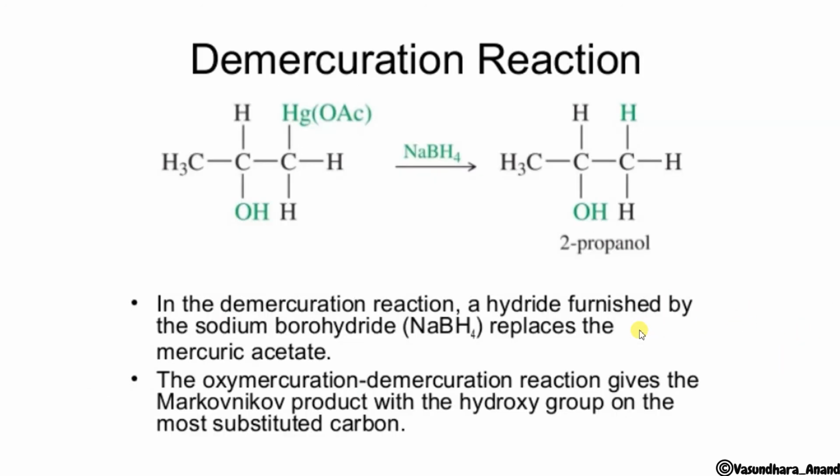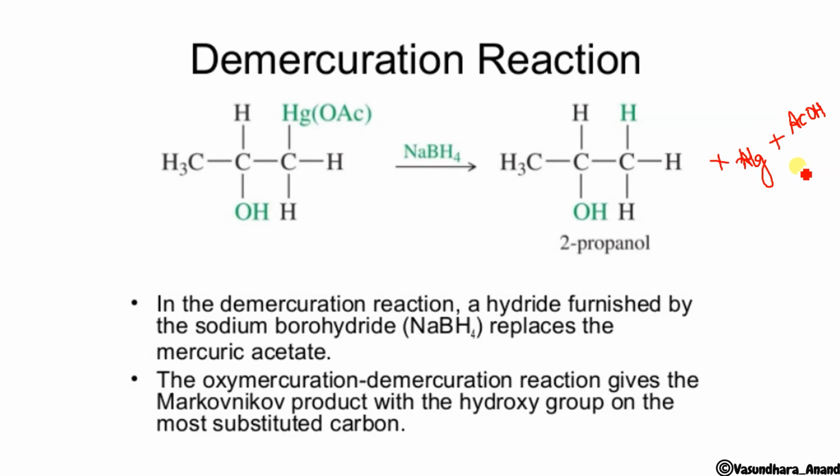In the other case, this is called the demercuration reaction, the part of that. So what will happen? It undergoes reduction, and Hg will come out as a reduced product.